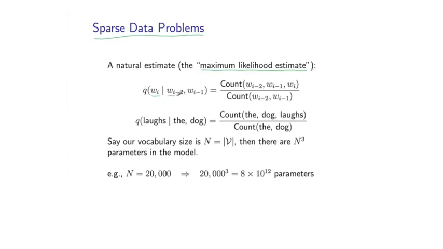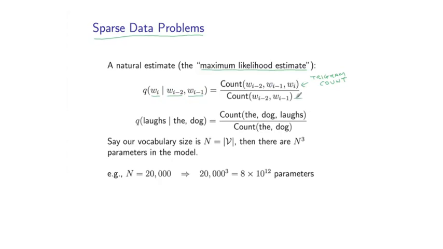conditioned on previous words wi minus 2 and wi minus 1, then we simply define this parameter estimate as the ratio of two terms. On the numerator, I have what is often called the trigram count, and this is simply the number of times I've seen the sequence of words wi minus 2, wi minus 1, wi in my training corpus.